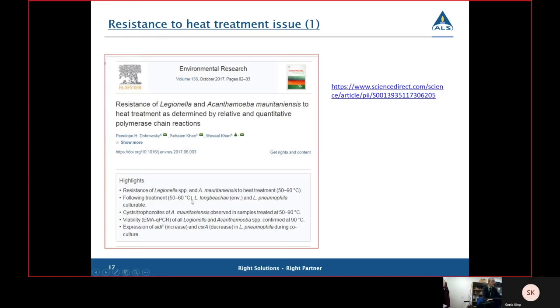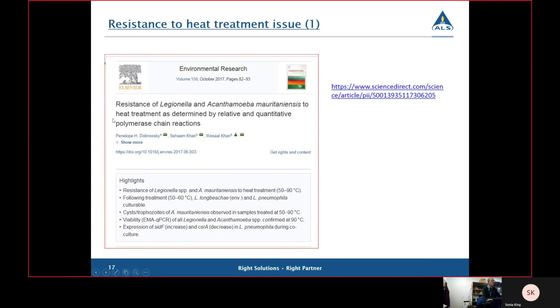Following treatment at 50 to 60, Legionella longbeachae and Legionella pneumophila were both culturable. Cysts and trophozoites of Acanthamoeba were obtained in samples treated at 50 to 90. Viability of all Legionella and Acanthamoeba species was confirmed at 90. Expression of these various genes decreases during co-culture.